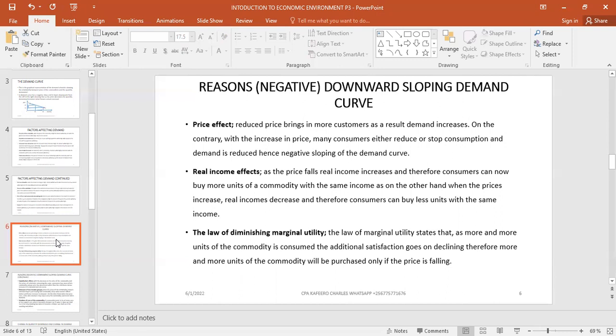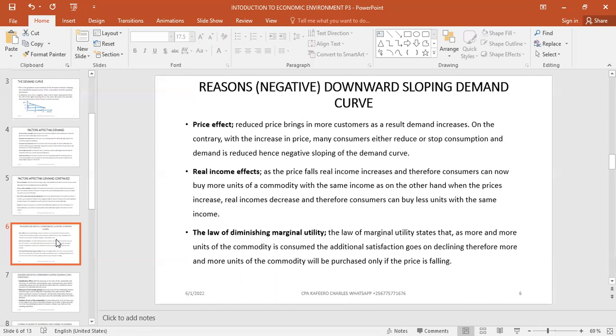So the second factor or reason that can lead to the demand curve to slope negatively or downwards is the real income effect.